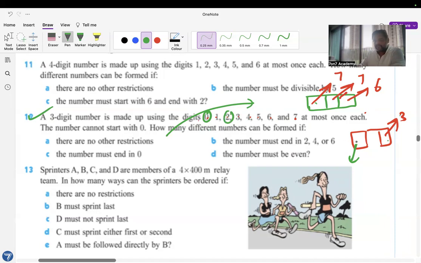Whatever digit you take here, you can't take here, and 0 you can't take. So how many remain? 6. And for this, 6. The answer is going to be 6 times 6 times 3. Any problem with that? So always you fix this place and this place.